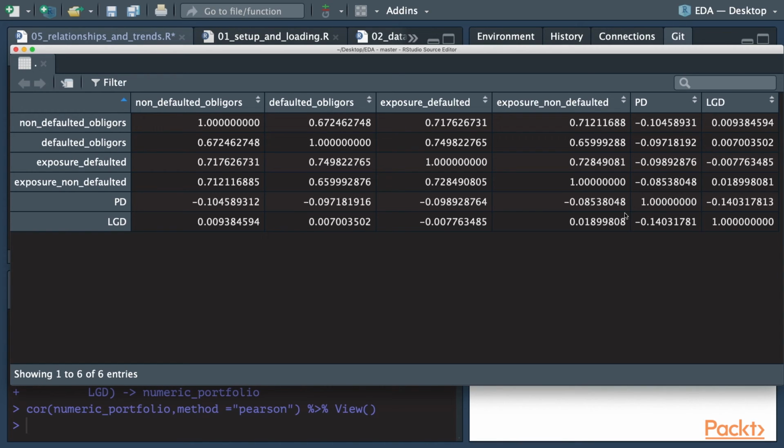Another interesting insight that comes from the analysis of this matrix is the almost null correlation between probability of default and the amount of defaulted exposures. Why is this interesting? Because the probability of default depends on the number of counterparts defaulted rather than their exposure. So, this almost null correlation can be seen as a confirmation of the general coherence of what we are observing.